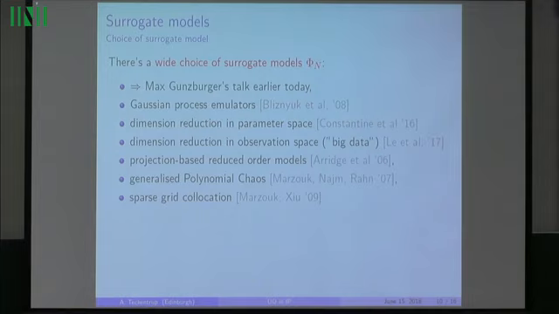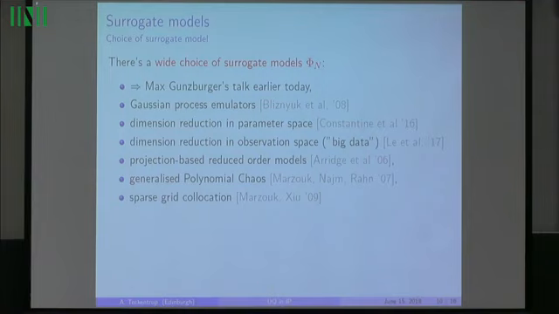So Gaussian process emulators, that's something that's very well known in the statistical community. You can use that. Then there's these dimension reduction methods. You can also fit that into this framework. So you can do dimension reduction in the parameter space, the dimension reduction in U. We had a talk by Paul Constantine about that in the 4th workshop. You can also do dimension reduction in the observation space, so dimension reduction in Y, used in the context of big data.